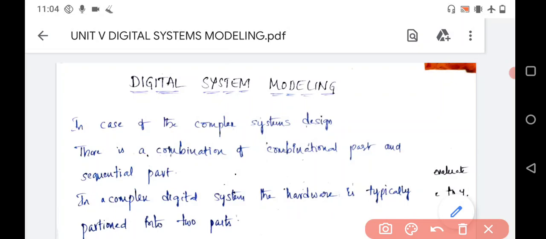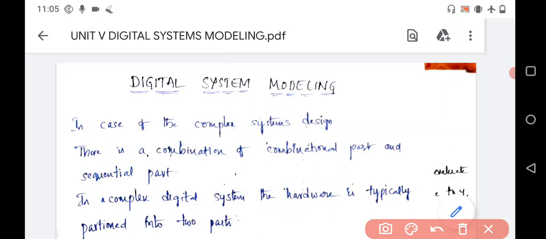But when you go for sequential circuits, obviously these sequential circuits also depend on the previous values, that is, the previous outputs, right? So it is a very basic part if you are going to design any real-time system. But in real-time applications, obviously they are not separate parts, it is a combination.